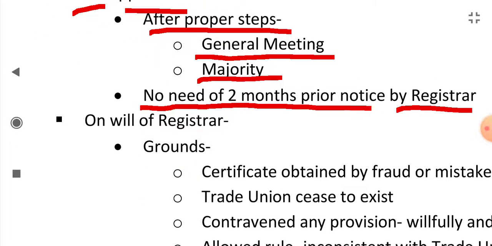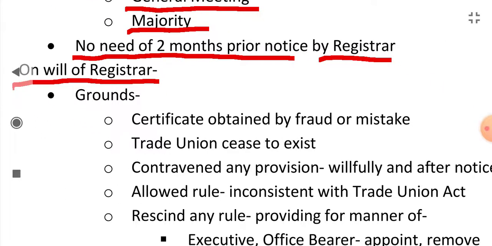But if the cancellation is on the will of the registrar, he can cancel on certain grounds.